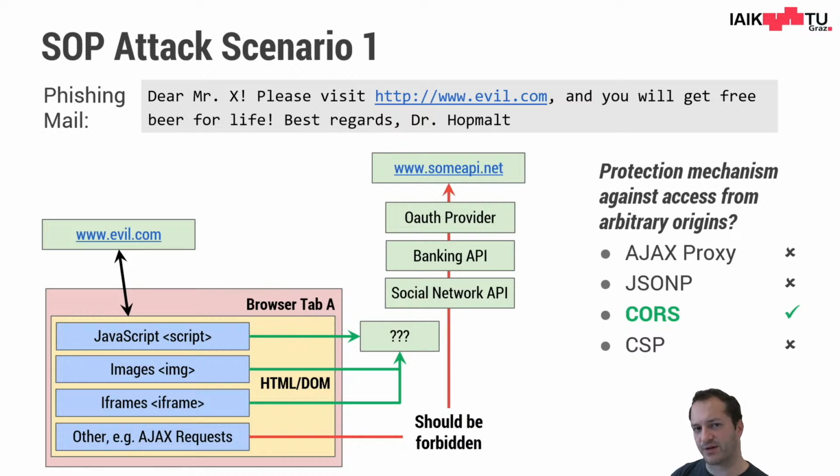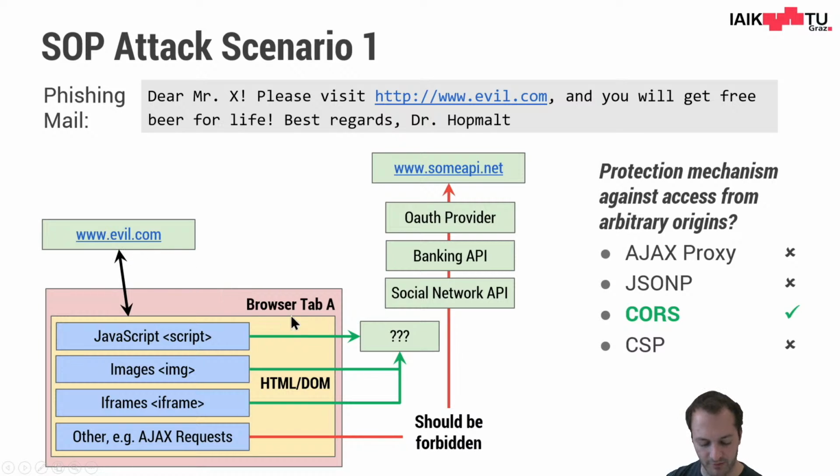For example, you get a phishing mail in the first scenario, or Preisjäger.at or something, you see, oh, please go to that website, you get free beer. You appreciate the offer, you go there, and the website you go to is loaded in this browser tab.